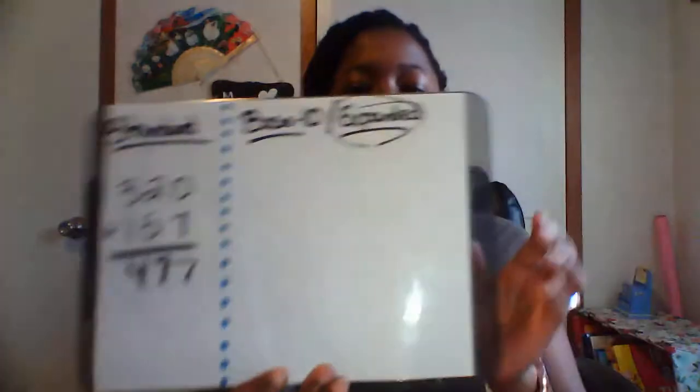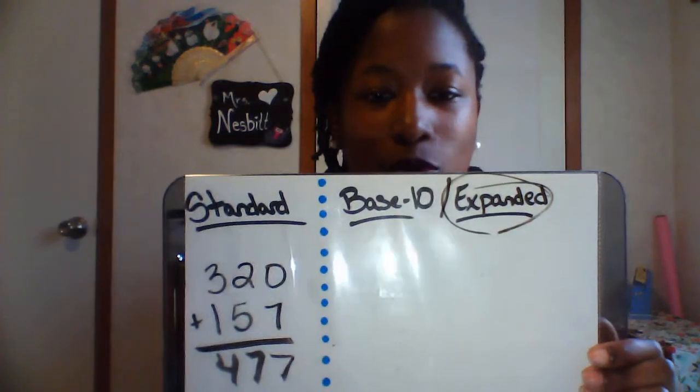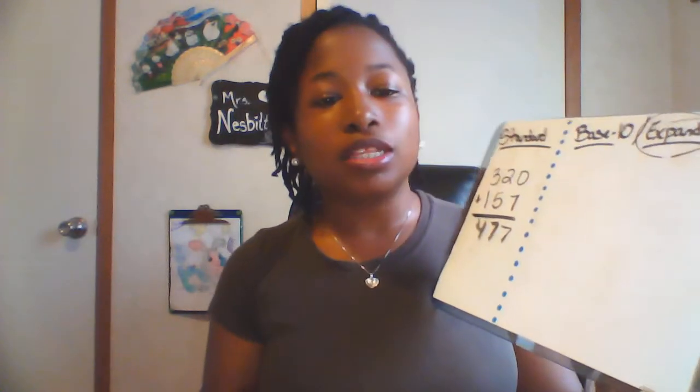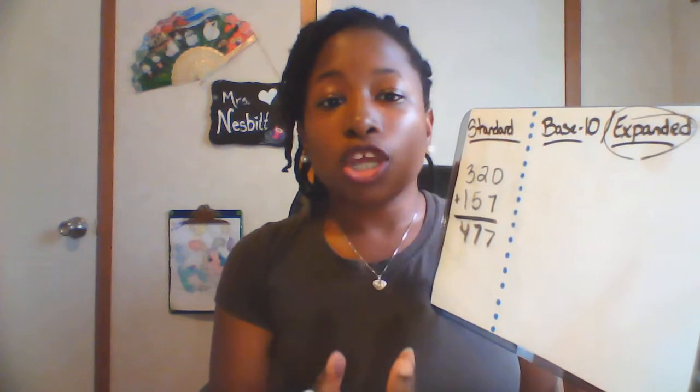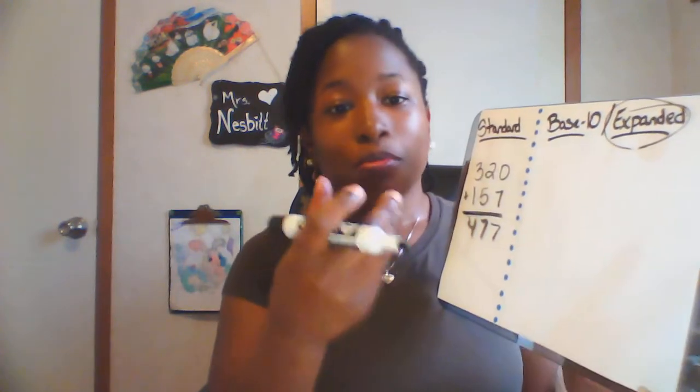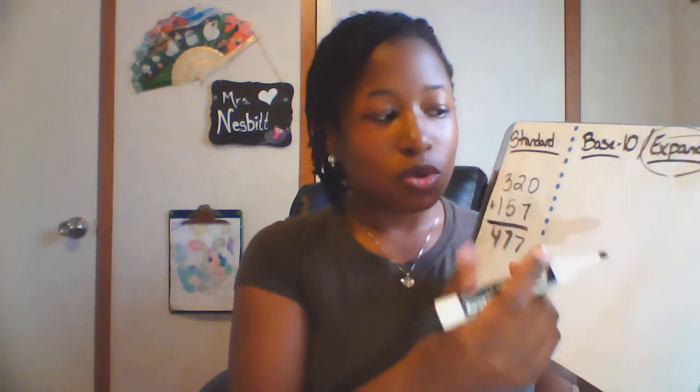Now, the next one is a little bit trickier because a lot of people don't really think about doing the math like this, but that is the expanded form of adding. So when we look at expanded form, it is taking this number and showing that it is made up of hundreds plus tens plus ones.